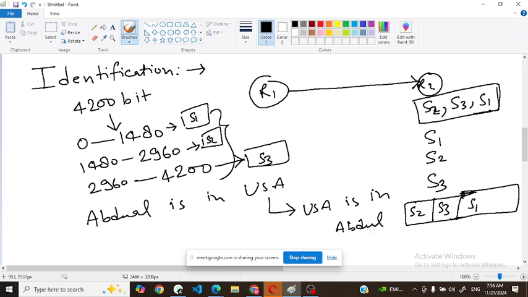Will it be meaningful data? If I am attaching an identification number here first, here second, here third, and fourth, and by seeing this identification field a receiver rearranges the data, then it will be meaningful data.